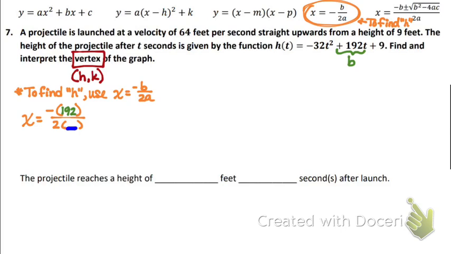What do I put in the spot down here for A? Negative 32. So in the numerator, I have negative 192. In the denominator, I have negative 64.